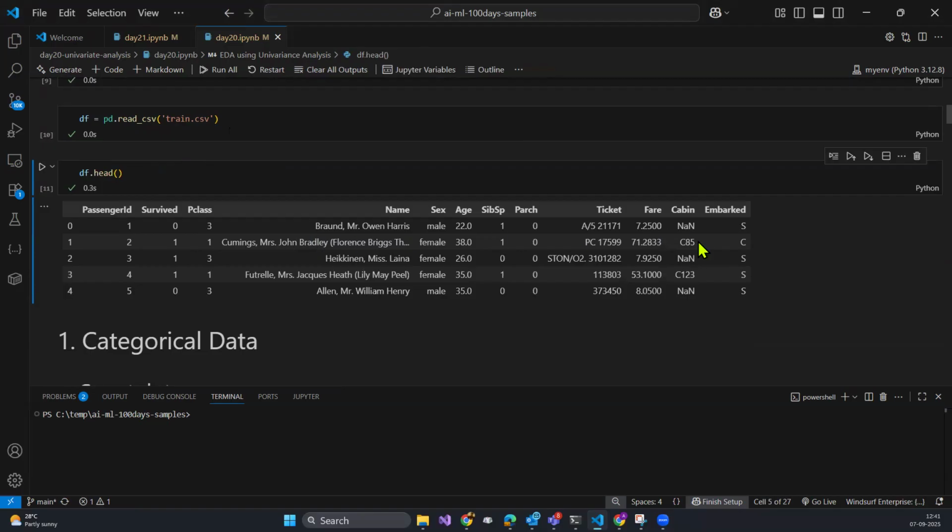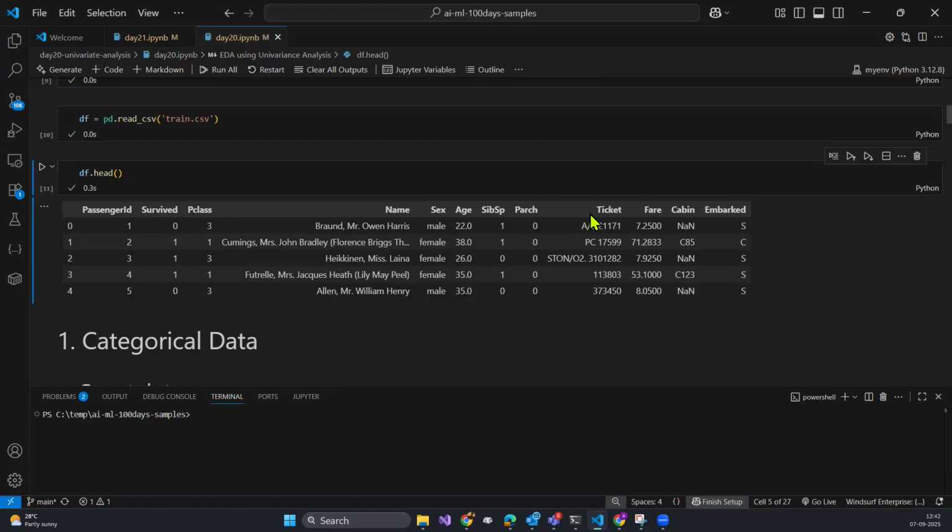This is one of the Titanic datasets, which shows the passenger IDs, whether they survived or not, what the Pclass was, the name of the passengers, the sex of the passenger, age, and siblings and spouse, if they had any with them. So one means yes, and zero means no. Parch is a kind of coach, right?